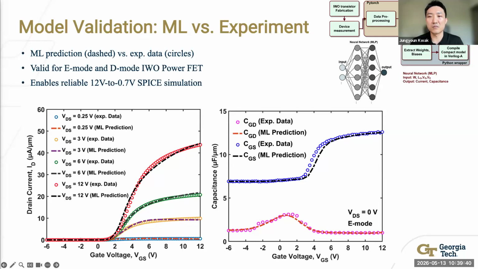Standard models like BSIM are built for silicon and do not capture indium tungsten oxide bias-dependent behaviors.